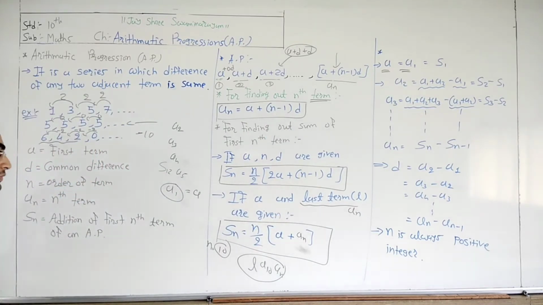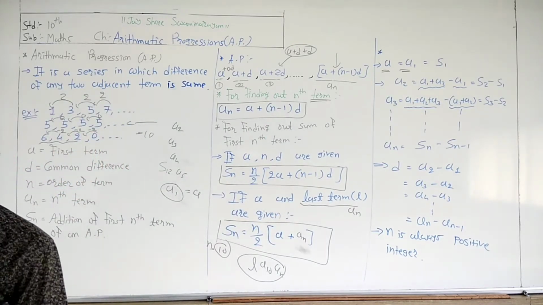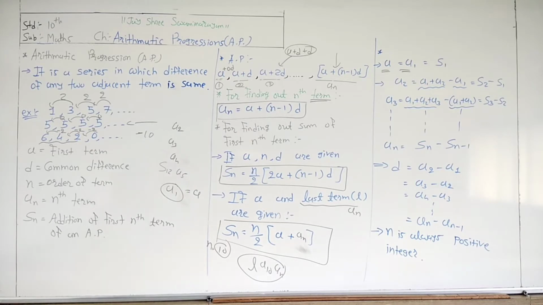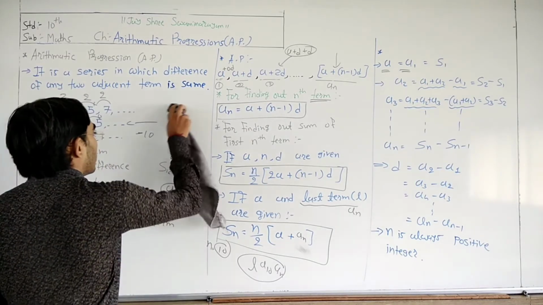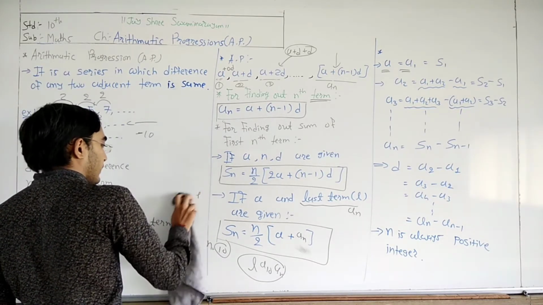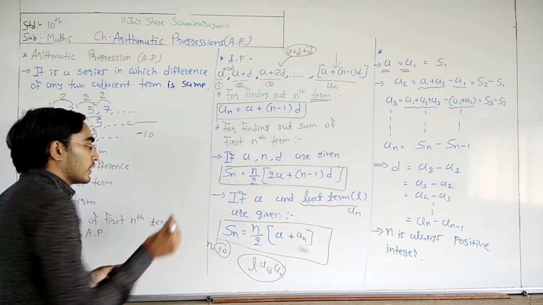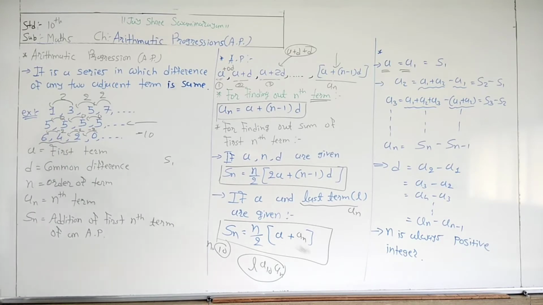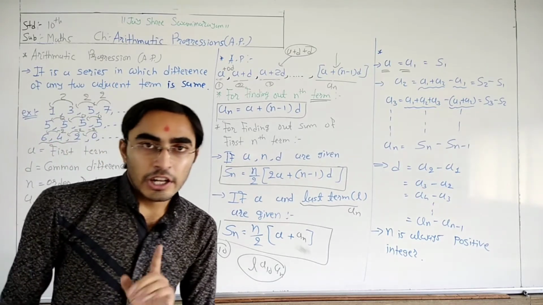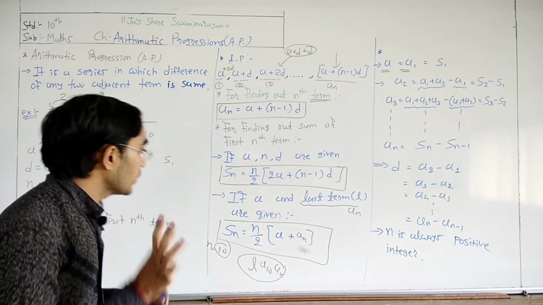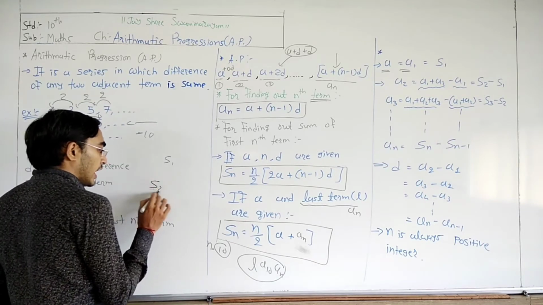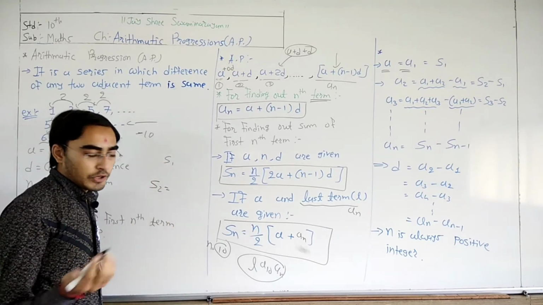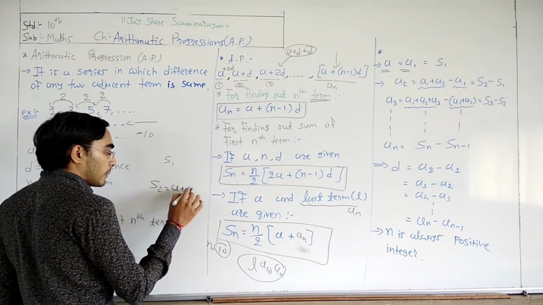After that, S1. S1 means what? We already learned about Sn, right? S1 means the sum of the first term. Now think about S2. S2 means the sum of the first two terms, that means a plus a2.